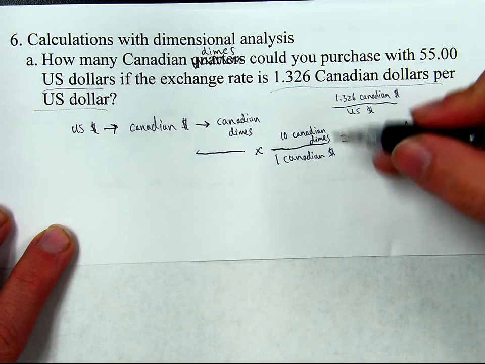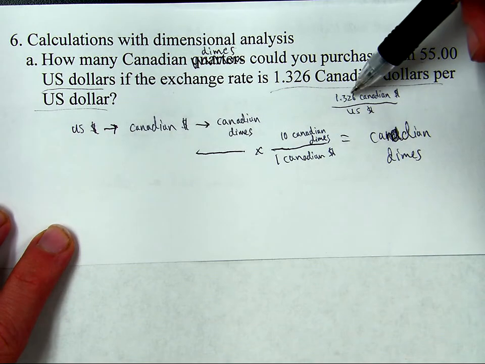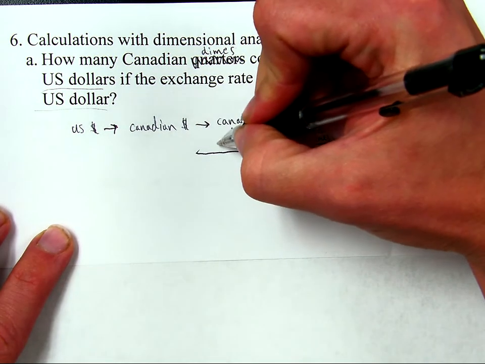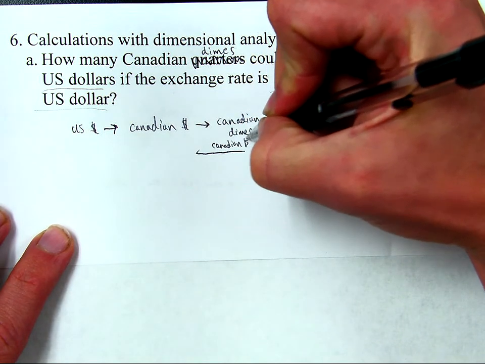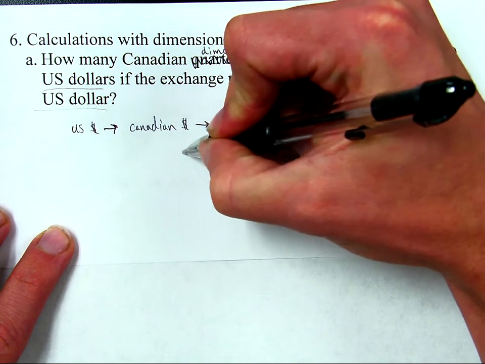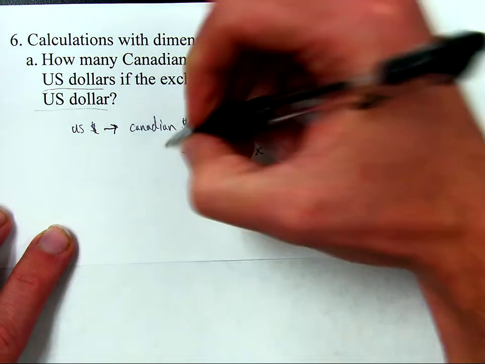Canadian dollar, let's get back to US dollar. Okay, so we just did this, now let's do this one. That's the relationship. So Canadian dollar needs to go on top. According to this, for every 1 US dollar, you get 1.326 Canadian dollars.